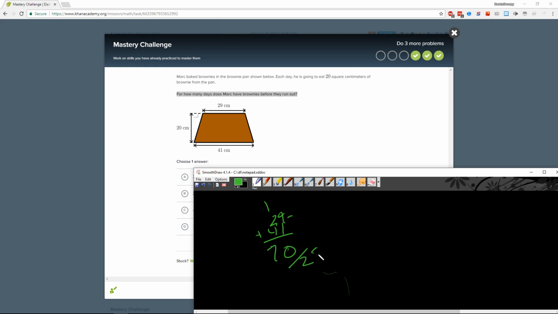Divided by 2 is 35 times 2, so that's 1,700, and divided by 20.